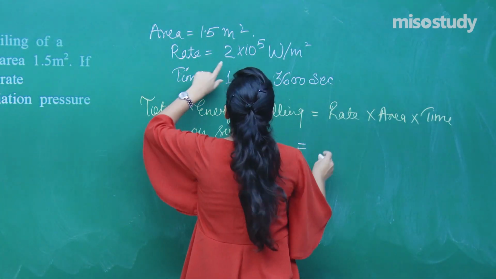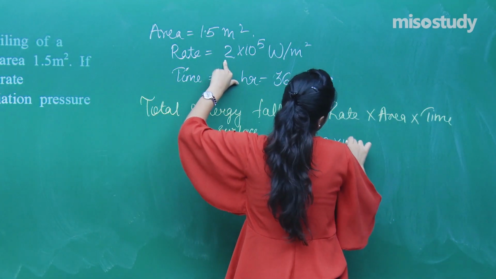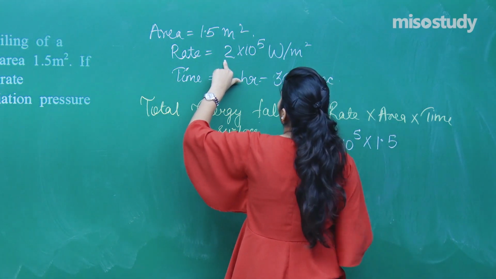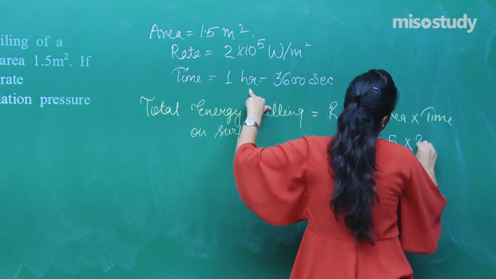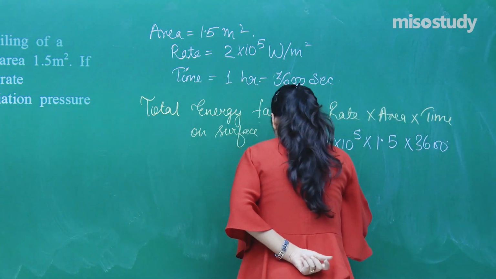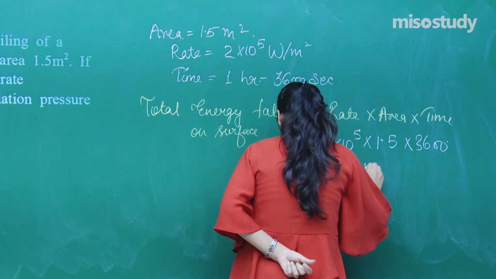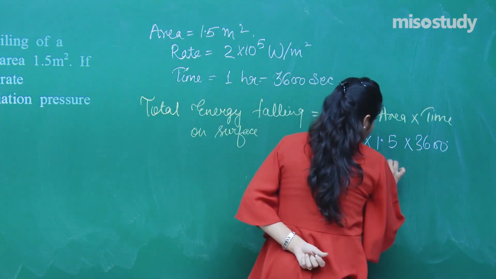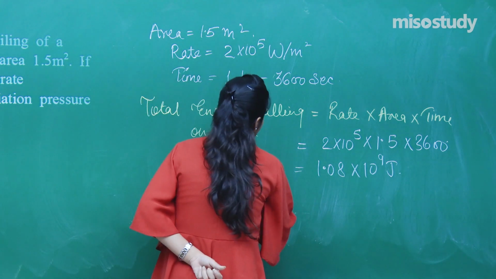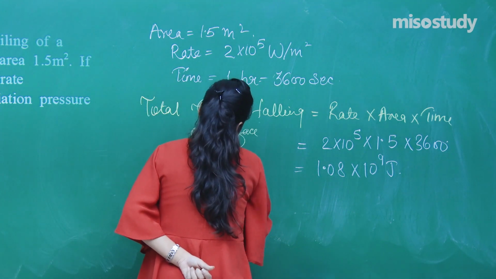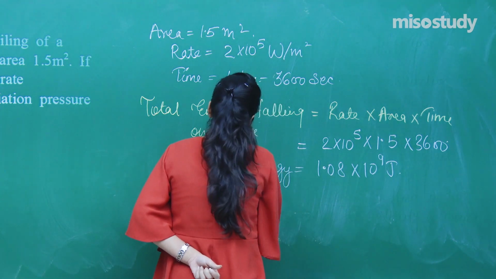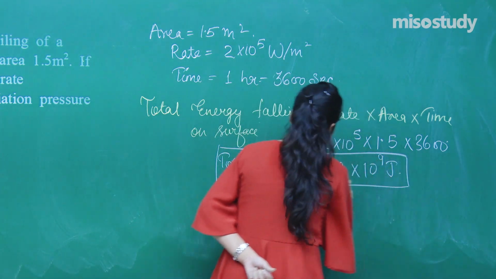Rate is 2 into 10 raised to the power 5, area is 1.5 and the time is 3600 seconds. When you multiply, you will have 1.08 into 10 raised to the power 9 joule as your energy. This is your total energy. Okay, you found out the energy.